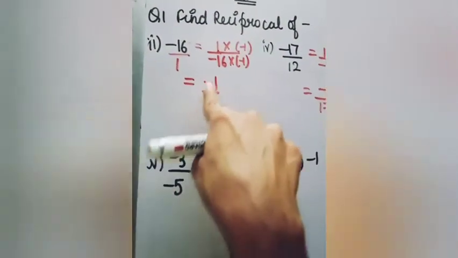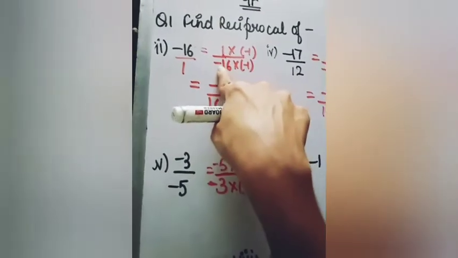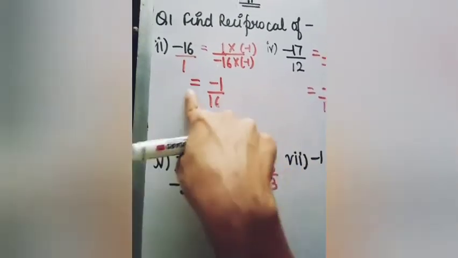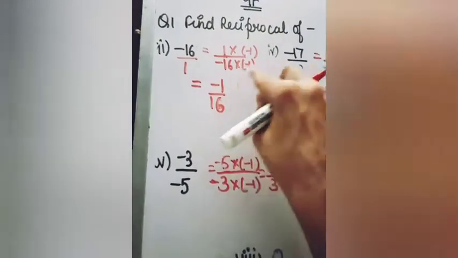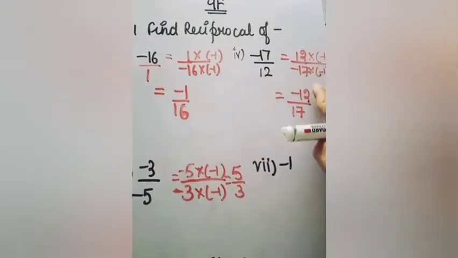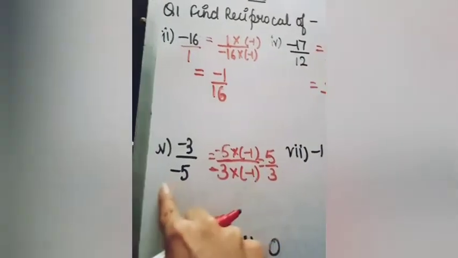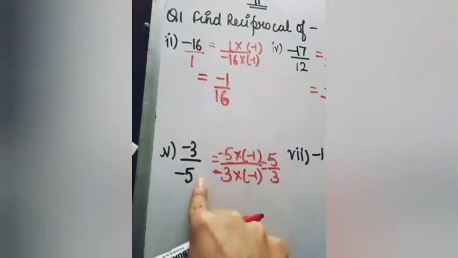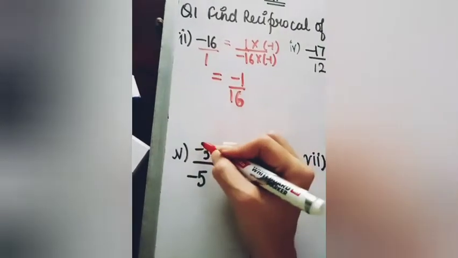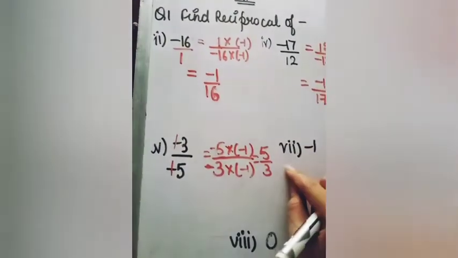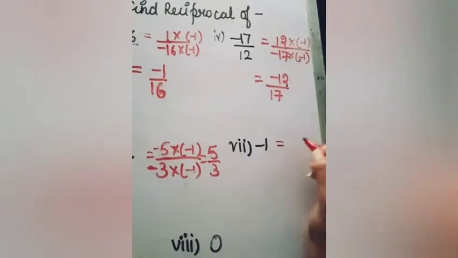Just remember, when we have the denominator as negative, we move that negative into the numerator. And when we have both numerator and denominator as negative, these negatives cancel each other, so it will be positive.